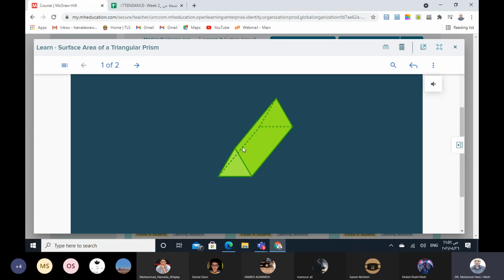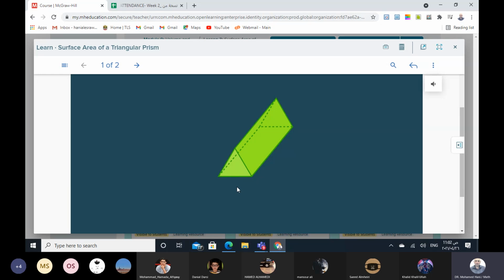And here we have the side, which will be a rectangle, and here we have the opposite side, also a rectangle, and here we have the bottom, also a rectangle. So we have three rectangular faces and two triangular bases.